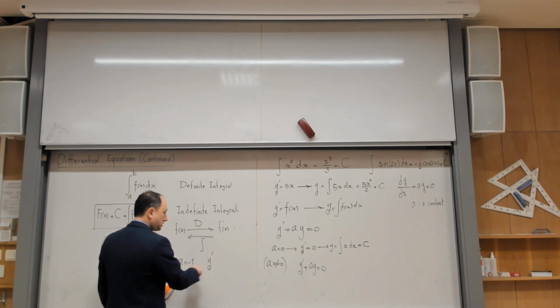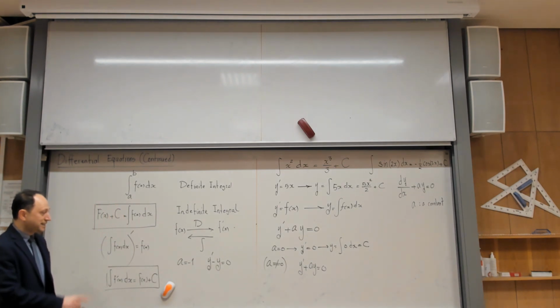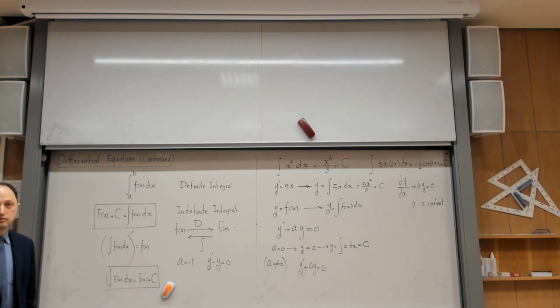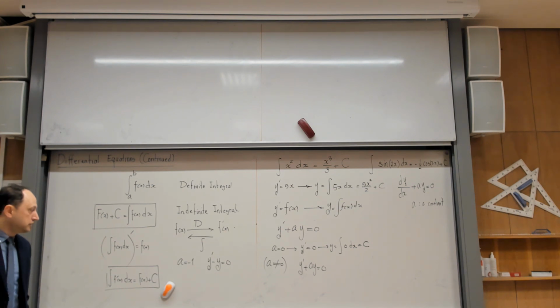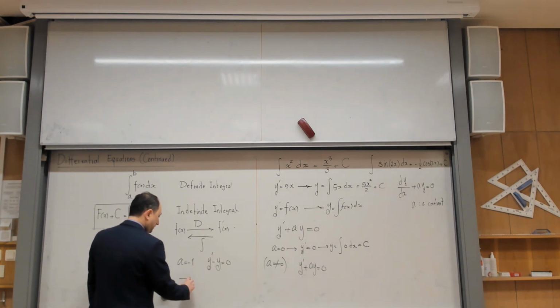Y prime, instead of a I put -1, so y prime minus y equals 0. I am looking for a function that satisfies this differential equation. What is that function? Yes? e to the power of x. e to the power of x is the answer, because this means that y prime is equal to y.